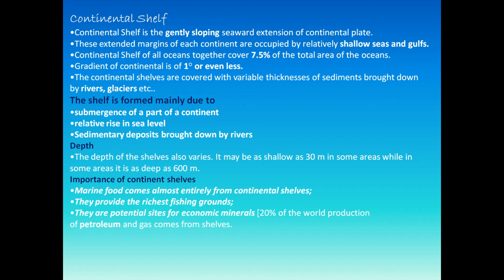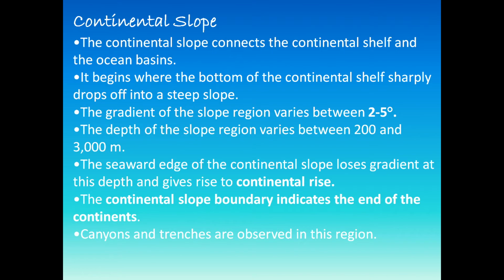From continental slope and deep sea, it's not possible to catch the fishes. So they provide the richest fishing grounds. Then they are a potential site of economic minerals. Most of the minerals like petroleum and gas are also extracted from here. Like Mumbai High is a continental shelf area from where we take out mineral oil in India. So continental shelf is so important to us.